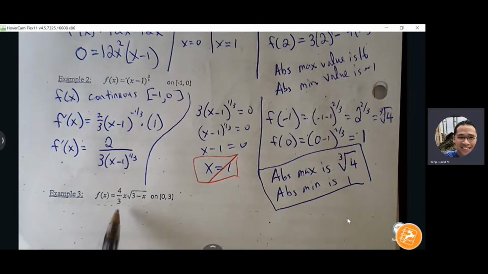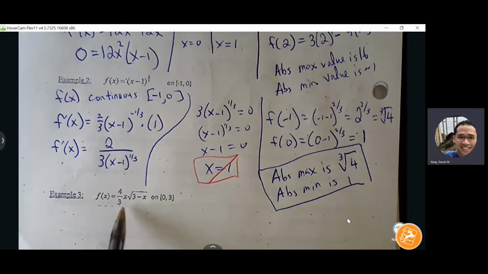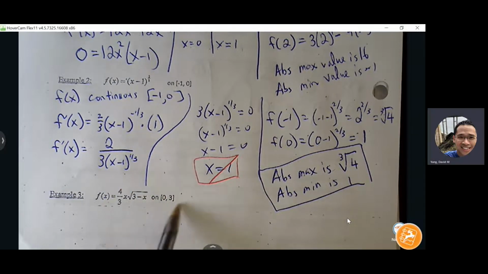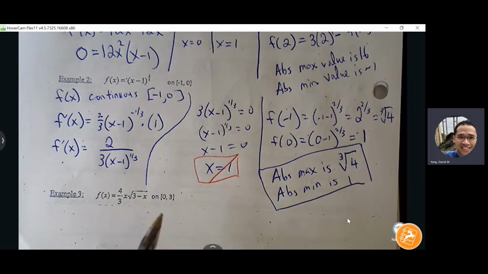Okay, number 3, last one. Our function, there's no denominator. We should be safe. So our function is continuous on the closed interval. I'm gonna put this on a separate sheet.